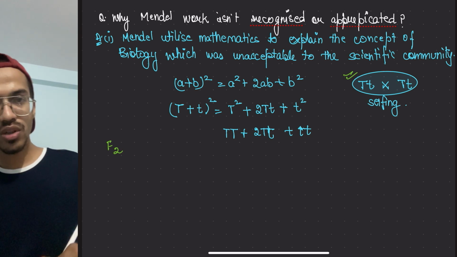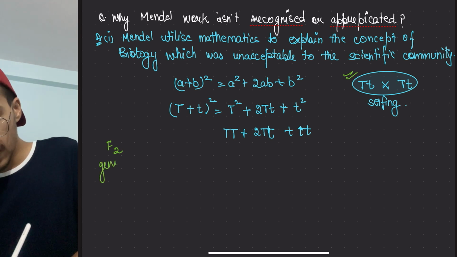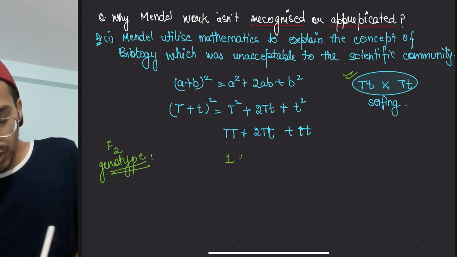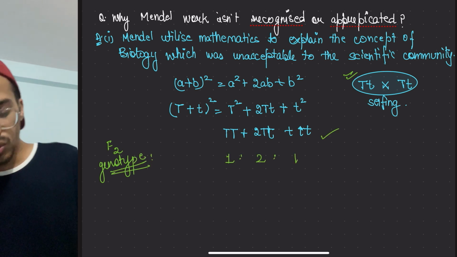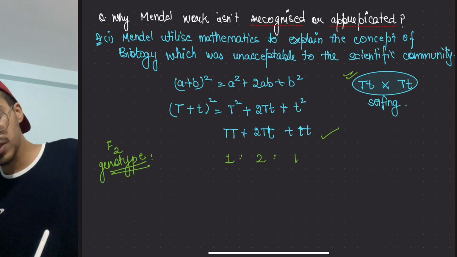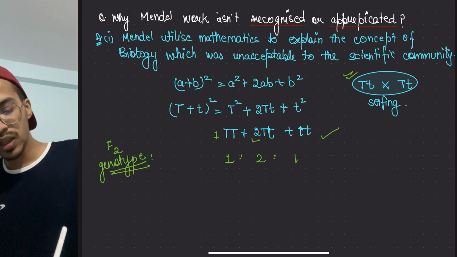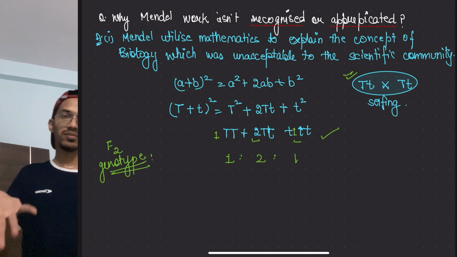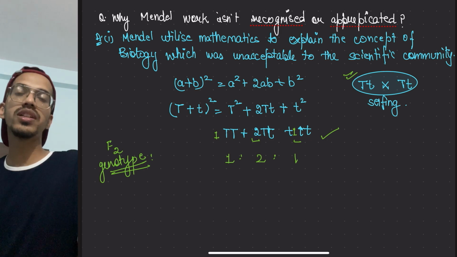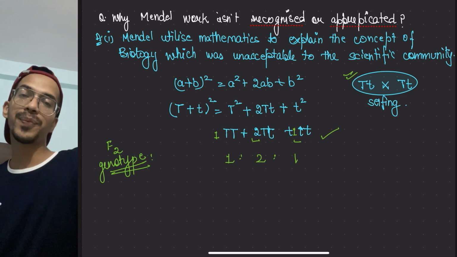So in the F2 generation, what would be the genotype? The F2 generation genotype is 1:2:1. This is what is being shown over here. This means 1, this is what, 2, this is what, 1. Hence, this equation in itself is working over here.